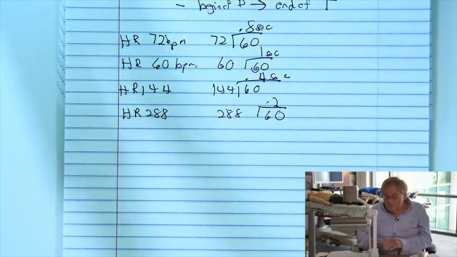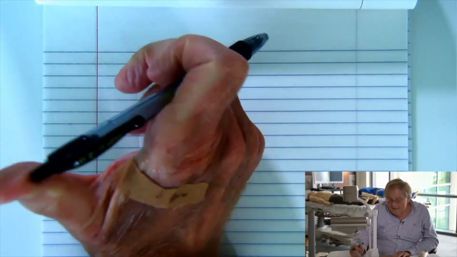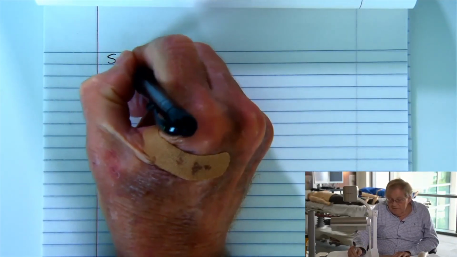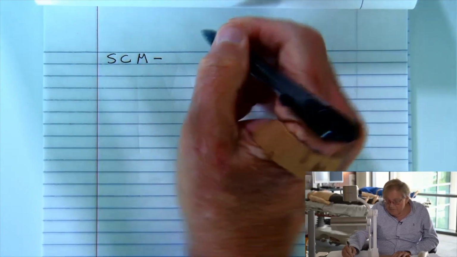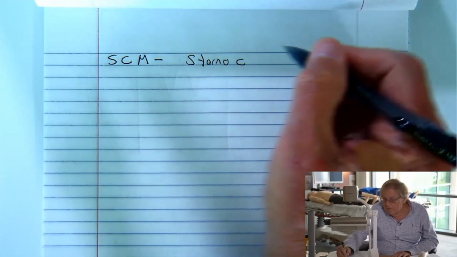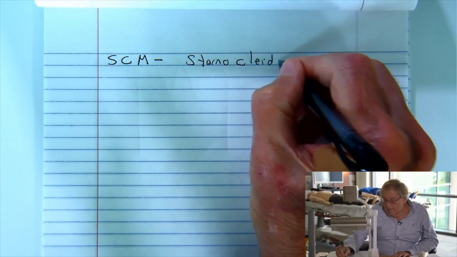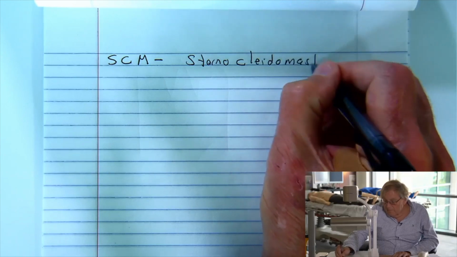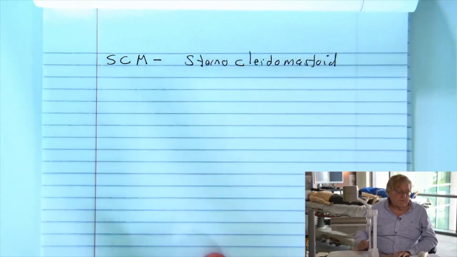The last thing I just want to talk about is this concept of bilateral, contralateral, ipsilateral. And so I just want to talk about one more muscle for today, and that's something called the SCM. So when you start reading your textbook and read about the muscle called the sternocleidomastoid, the sternocleidomastoid muscle.